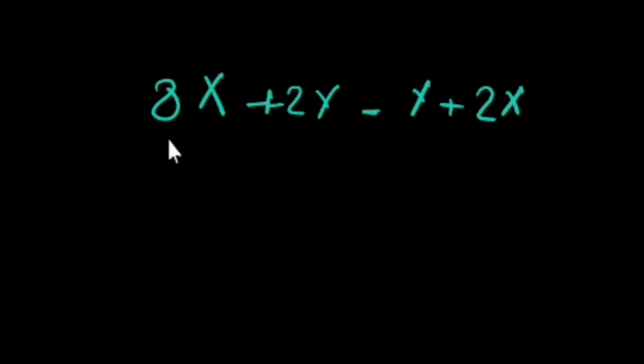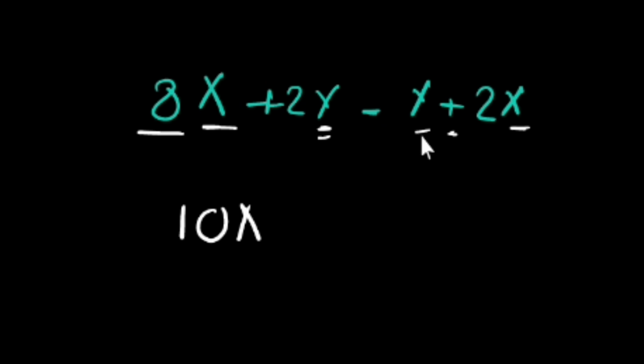Let's take another example. If I have 8x plus 2y minus y plus 2x, the like terms here are x and x. I will take the x and look at the coefficients. I have 8 plus 2, it's 10x. And then I will look at the second variable. I have y and y.